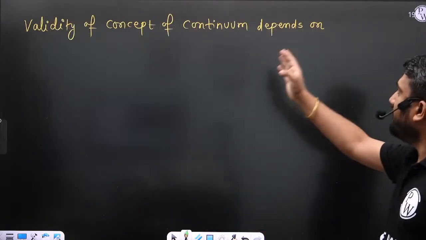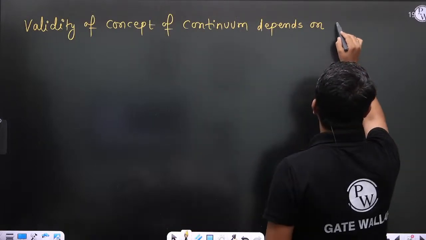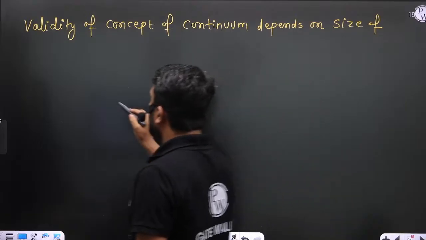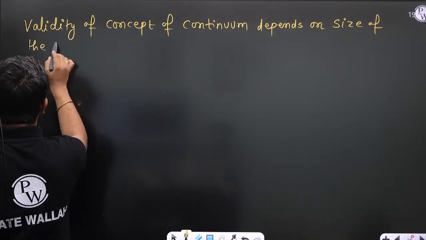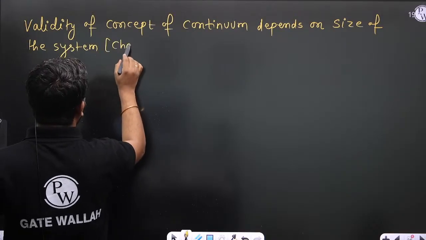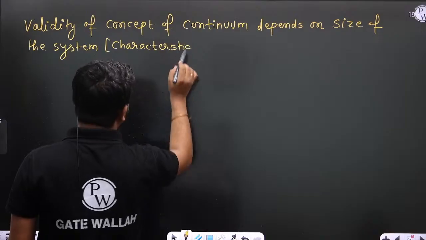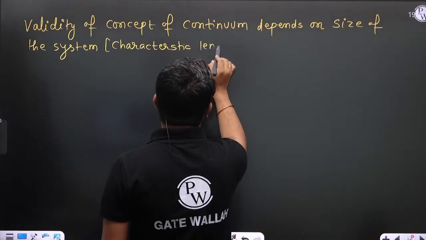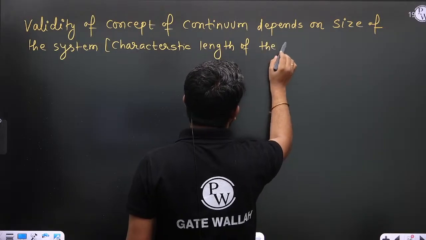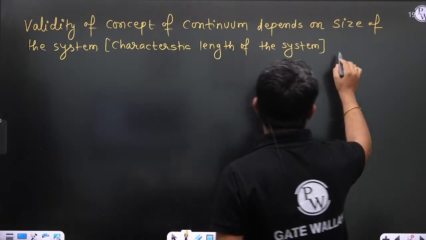See here, the validity of the concept of continuum depends on the size of the system, or I can say the characteristic length of the system, and the mean free path.